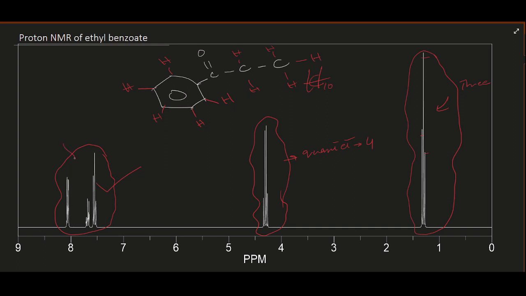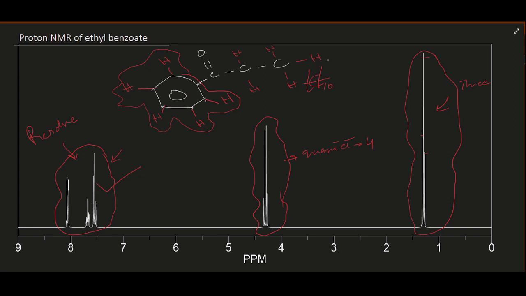It is difficult to resolve the proton spectrum of these aromatic protons of benzene. Most of the time we can't differentiate which peak belongs to which proton.